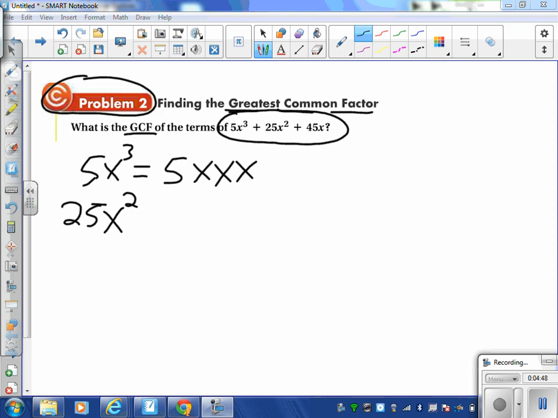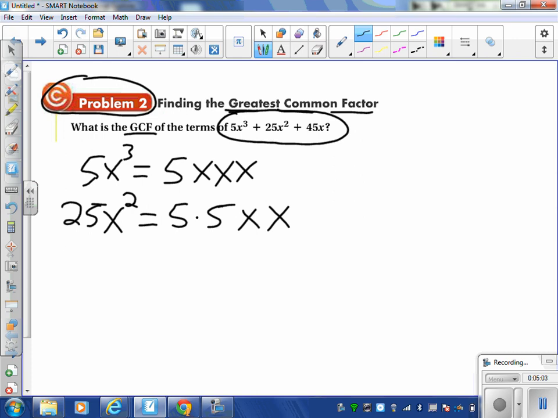So 25x squared equals, what numbers multiply giving 25? 5 times 5, and we have two x's for the x squared.